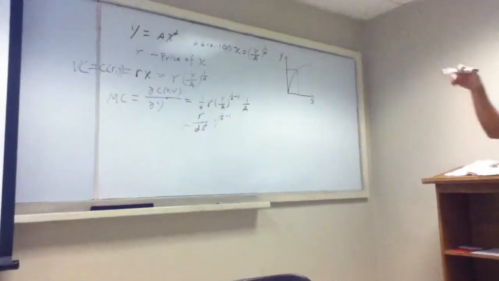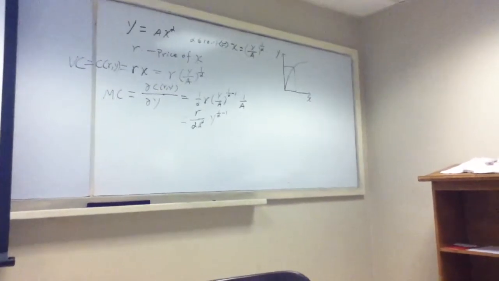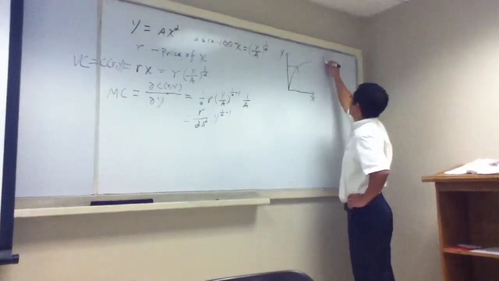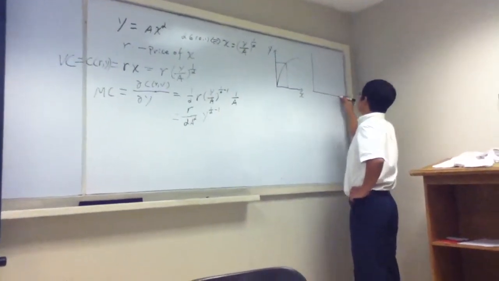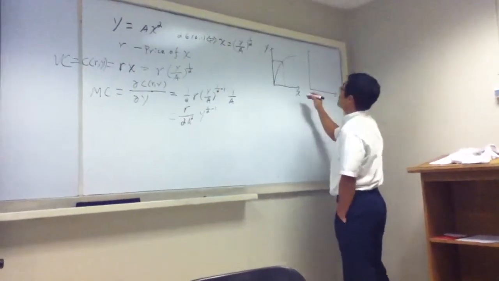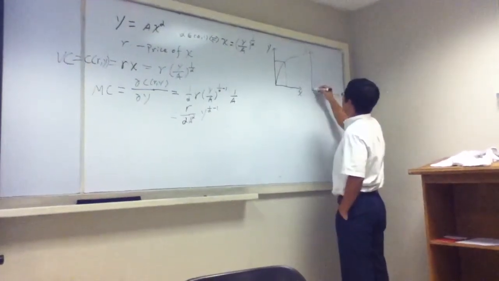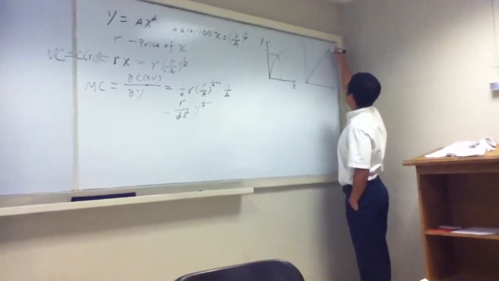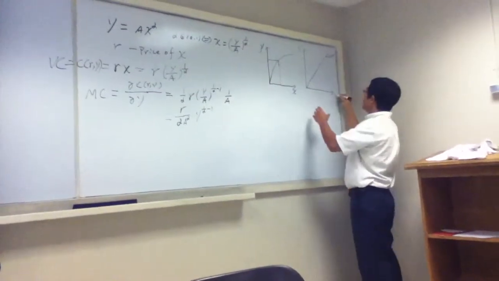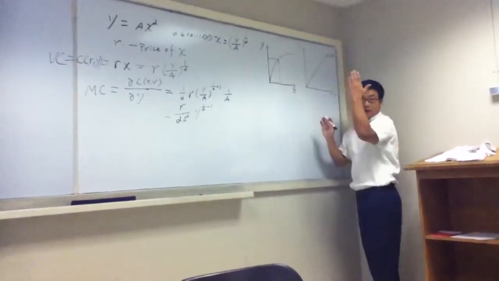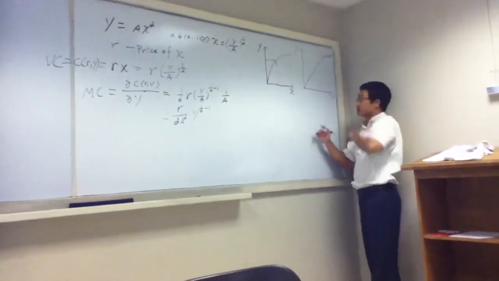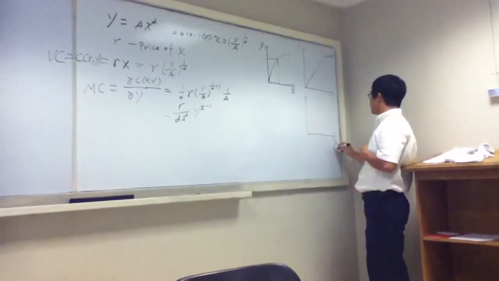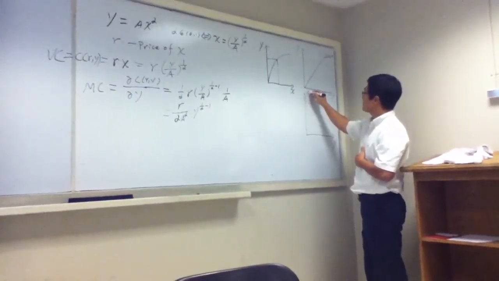Well, let's just try to draw the graphs of this function. Put Y here and draw a 45-degree line. So I'm mapping Y on the vertical axis to Y on the horizontal axis. So I have Y here and the cost, variable cost, here.